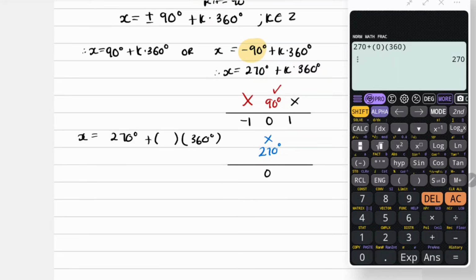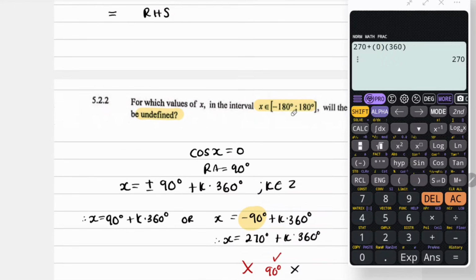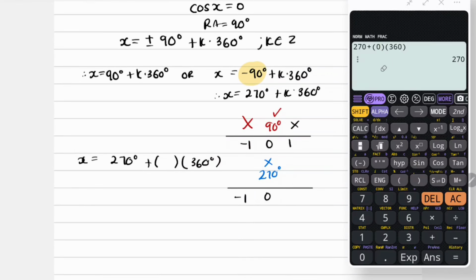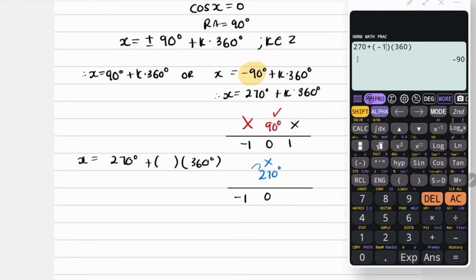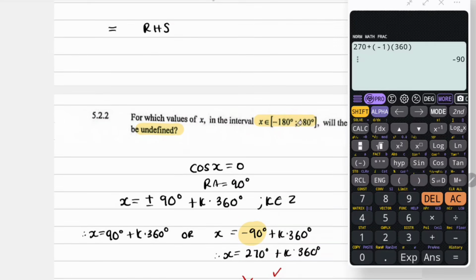We can try negative numbers. Let's try negative 1, because if you go positive, you're just going to make your angle way too big, and it's not going to be within the answers that you're looking for. If you substitute negative 1, you get negative 90 degrees, which is good. It works out, so that is within range.